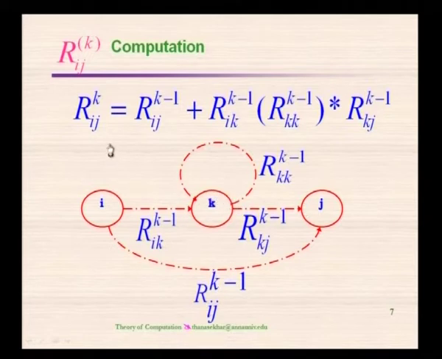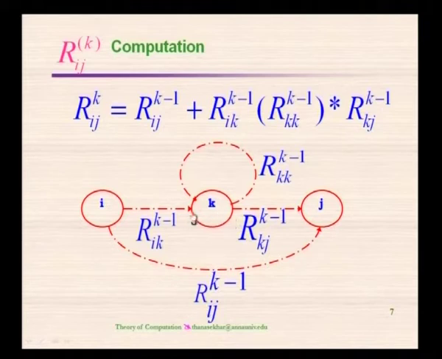Now look at the definition for the regular expression r i j k. This is the first part. We have the regular expression from i to j with at most k minus 1 as the intermediate state, that is the path denoted by i to j directly.